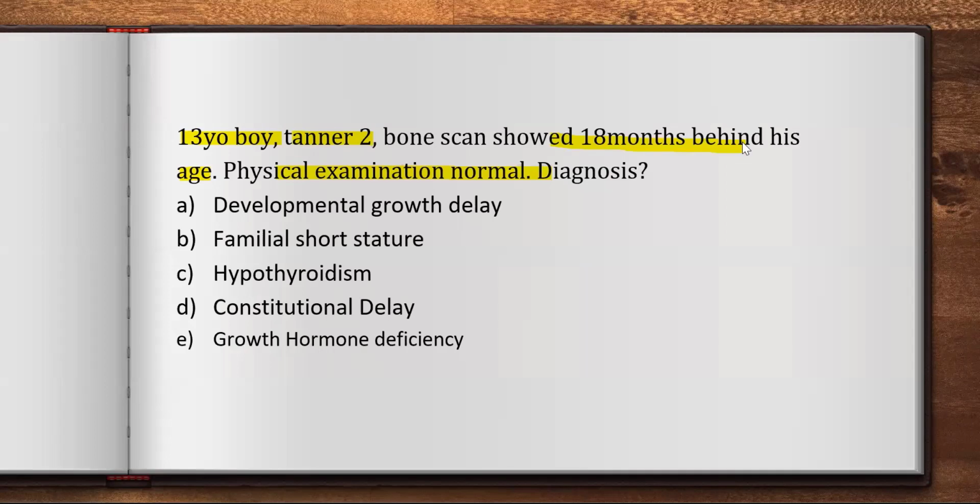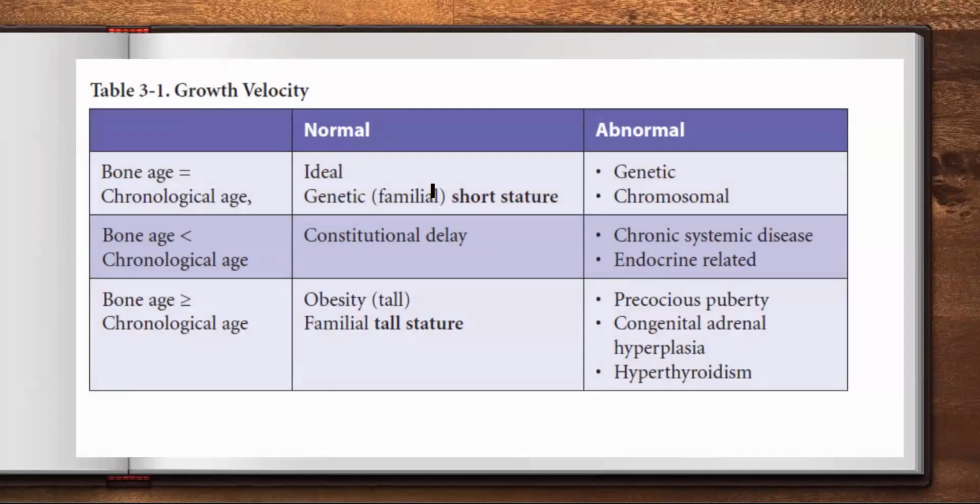The main thing you have to look at is the bone scan. Bone scan shows that the boy is 18 months behind the age, which means there are two types of age. One is bone age, another is chronological age. This boy's chronological age is 13 years, but his bone age is 18 months less, which comes to this chart, which will be really good for you to memorize.